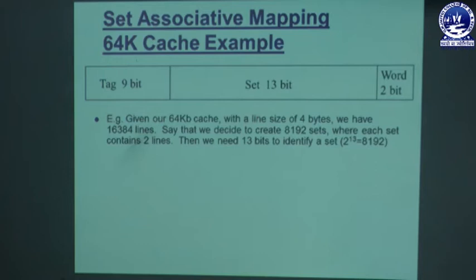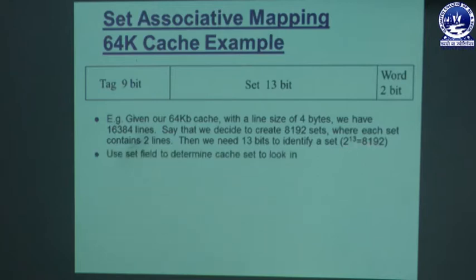Here in this cache we have 8192 sets and each set contains 2 lines. So how many lines do we have in the cache memory? 8192 multiplied by 2. To represent this set value we need 13 bits because 2 to the power 13 equals 8192.